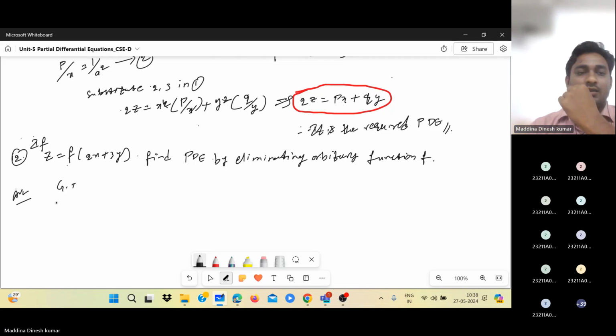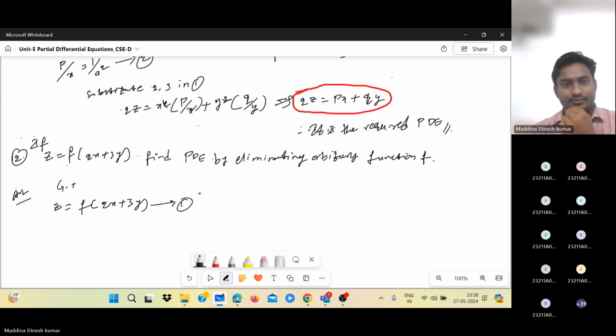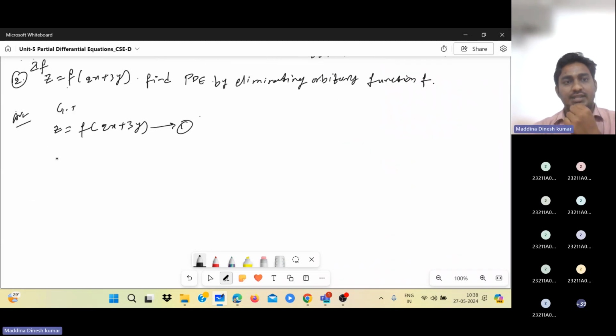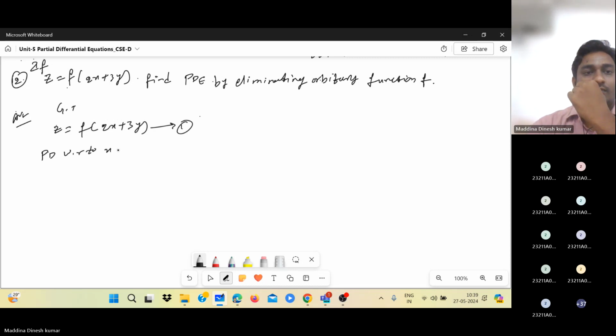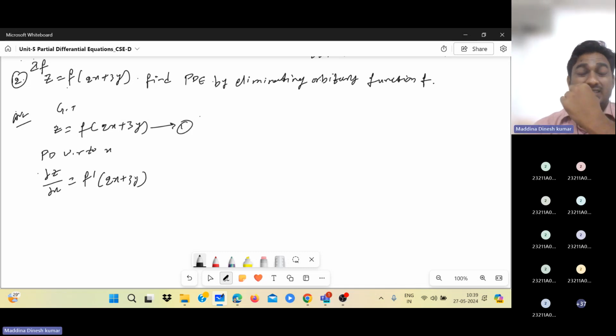Given that z equal to f of 2x plus 3y, it is equation number 1. I am going to differentiate with respect to x one time. Then we'll get ∂z/∂x equals f dash of 2x plus 3y, and here again we need to do the chain rule for the internal function.